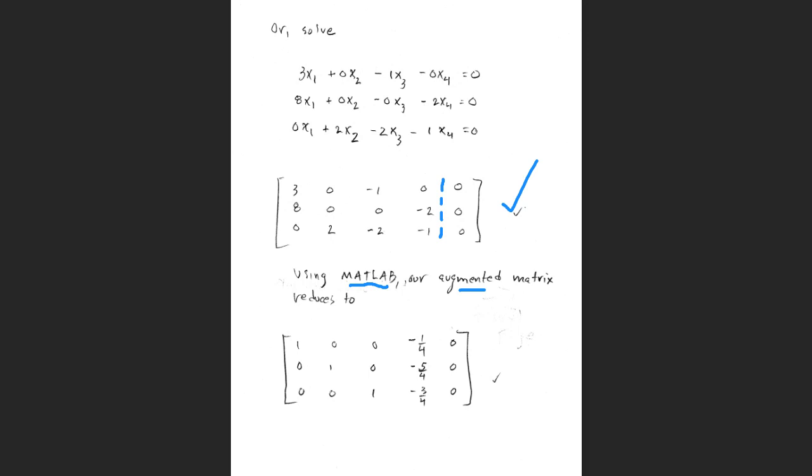We can put this augmented matrix in MATLAB, and MATLAB will give us this matrix here. Is this augmented matrix in echelon form or reduced echelon form?